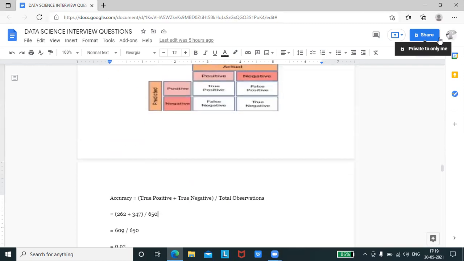So to calculate the accuracy, the formula is, you can see on the screen, true positive plus true negative divided by total observations. So accuracy is how much the classification is correct. It is the summation of true positive and true negative divided by total observations.